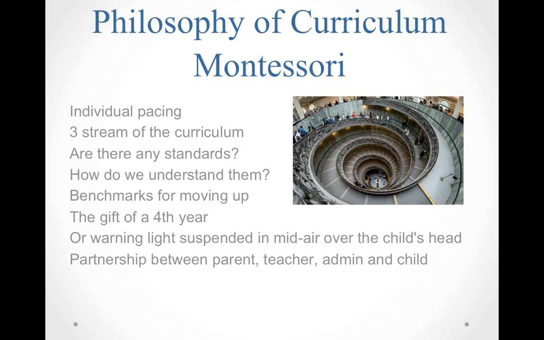The truth is you could do it at the next level. But the reason we would give a child the gift of a fourth year is they're usually not emotionally and socially ready to move up to a group of children who are 3 years older. So what we're doing is individual pacing. I'm going to, in a second, ask Rob to go to a slide that shows the 3 streams of curriculum, which is another way of looking at it.